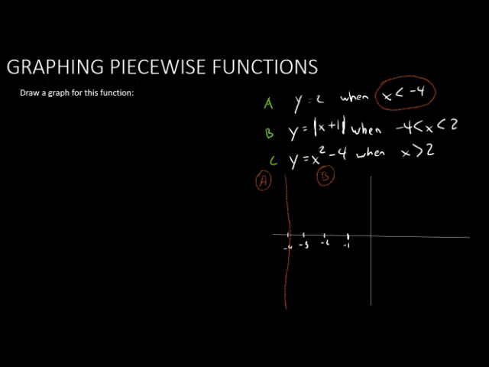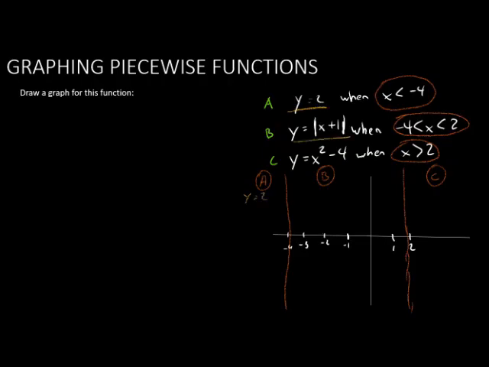However, piece B is in charge from -4 to +2. Therefore, we're going to continue marking the graph over on the right, and we'll draw another orange line at +2. This means anything between these two orange lines belongs to piece B. Everything to the right of that, everything greater than 2, belongs to piece C. Therefore, in region A, we're only graphing this first line, y equals 2.